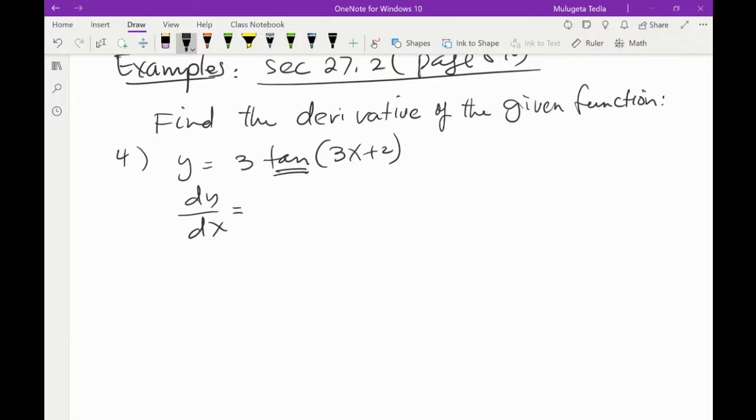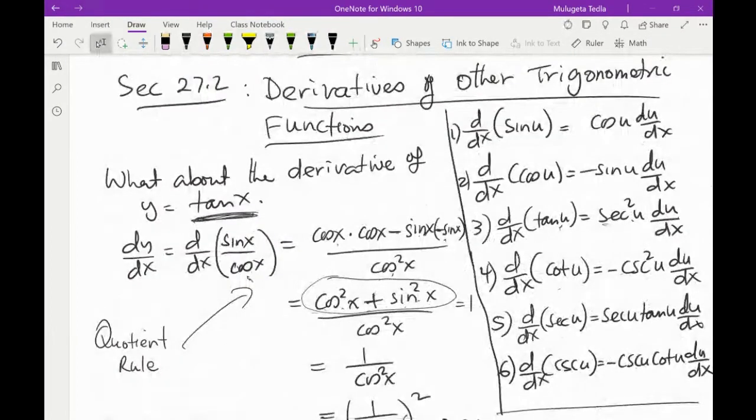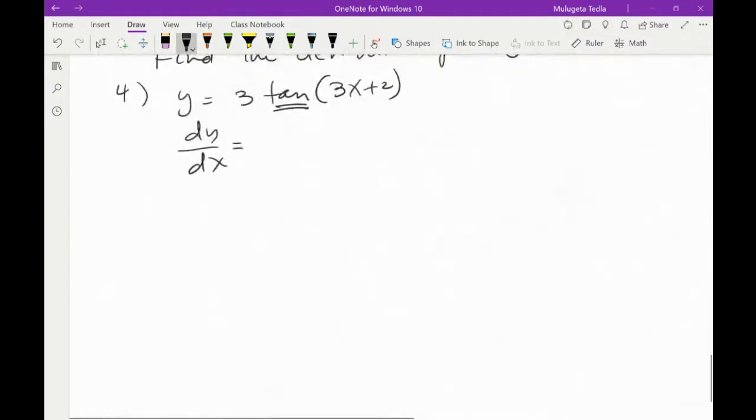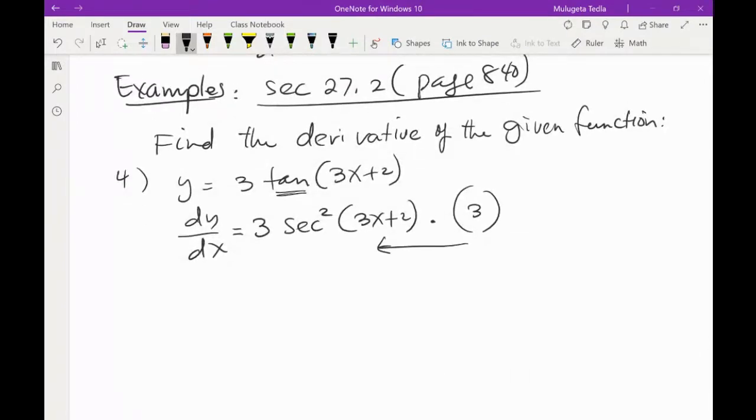What we are given is tangent. You go to the formula sheet: what is tangent's derivative? The derivative of tangent is secant squared. So find the derivative of the function first, and then you will take care of the derivative of the angle later. So the derivative of tangent is secant squared of the angle times the derivative of the angle, which is 3, in brackets, because you don't want to multiply it with this. So this is 9 secant squared of 3x plus 2 would be the answer.